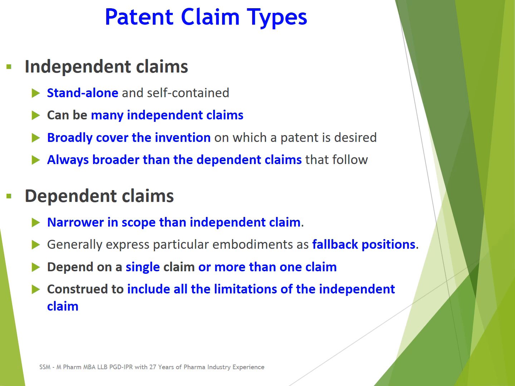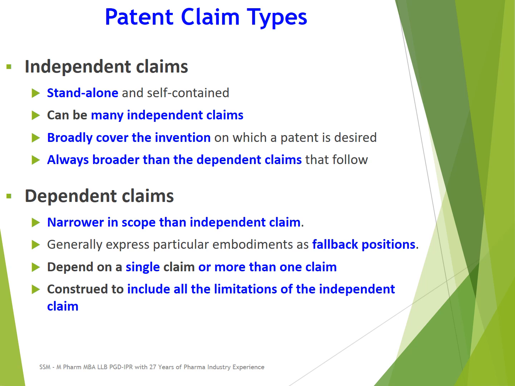Dependent claims generally express a particular or specific embodiment or specific part of the invention as a fallback position. Fallback position, because the independent claim claims very broadly. Maybe they are claiming a very broad structure, which will include maybe 4 or 5 products. So the claim is very broad in nature.